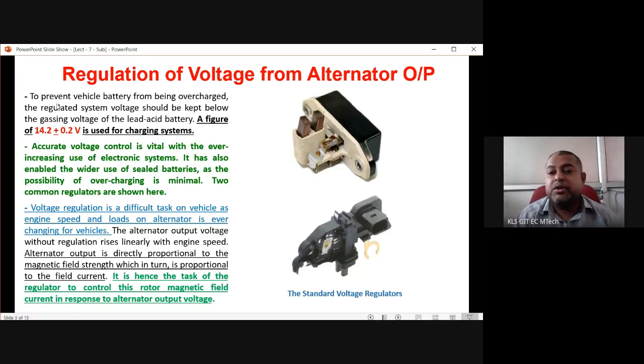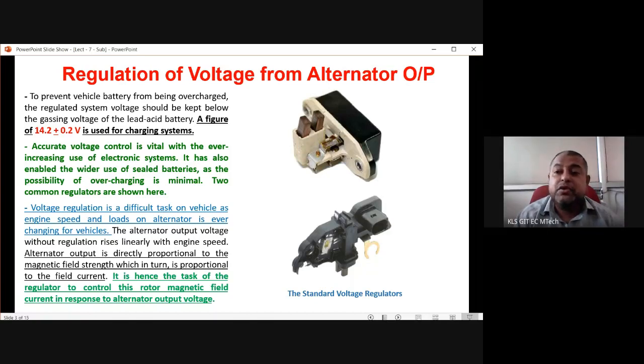So 14.2 plus minus 0.2 volt should be the battery charging voltage, and the more batteries we charge, the current capacity of this voltage source increases. So actually we charge two batteries of 12 volt each inside the vehicle, and we keep them in series. So actually we are getting a total 24 volt supply, but not exactly directly 24 volt.